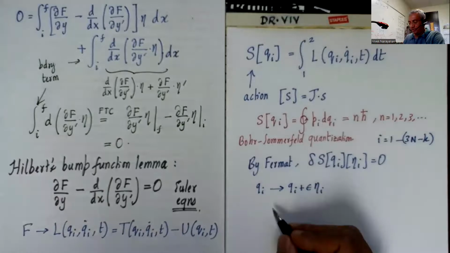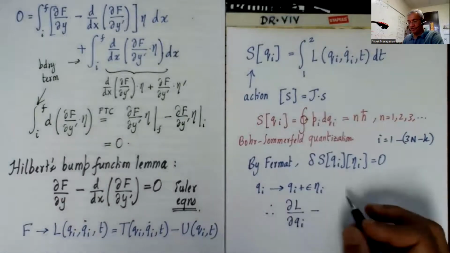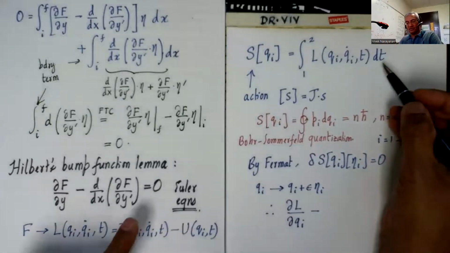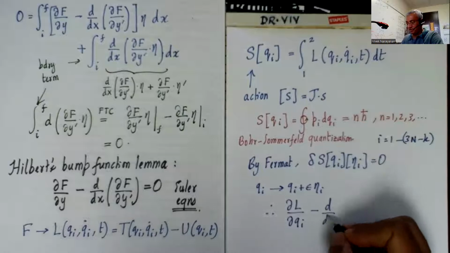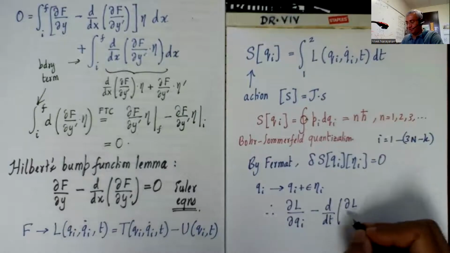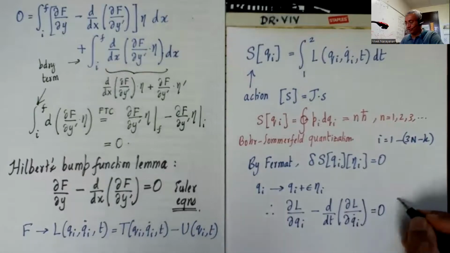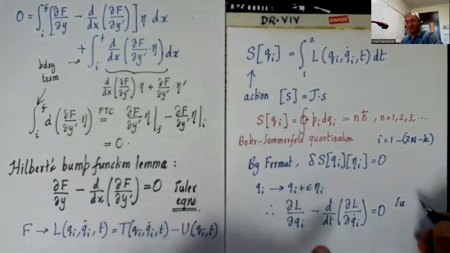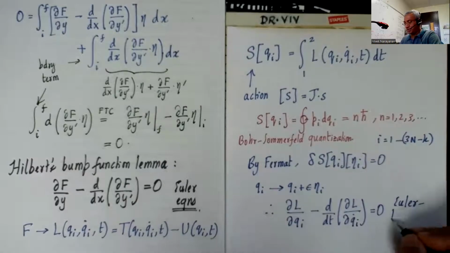So I end up getting, therefore, del L by del Qi minus, x replaced by time, d by dt of del L over del Qi dot equal to 0. So Euler's equations applied to the Lagrangian is what makes this called the Euler-Lagrange equations.